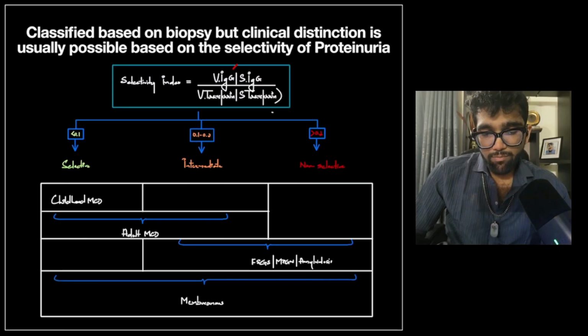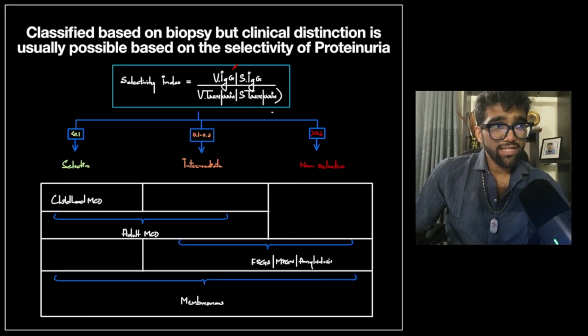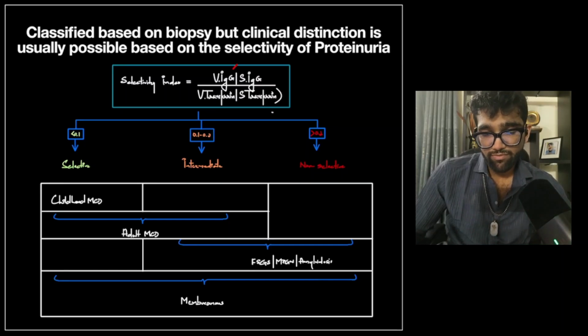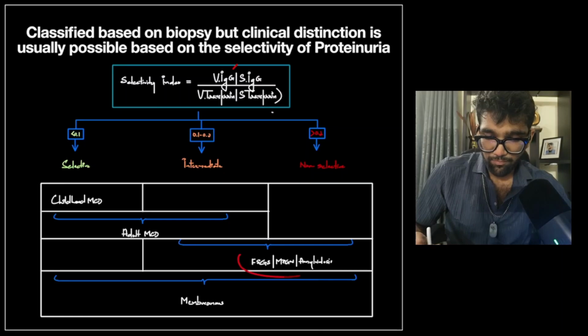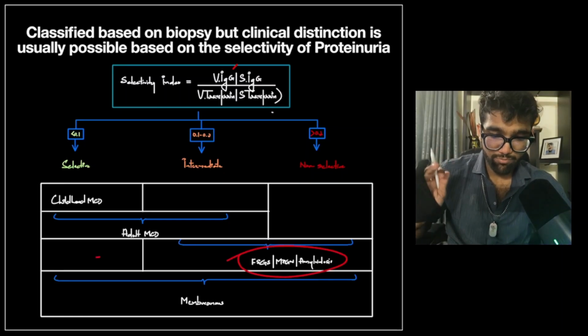Membranous can range from being highly selective to not being that selective. All three are possible. So based on selectivity, we really cannot diagnose membranous, but highly selective proteinuria makes FSGS or membranoproliferative GN very unlikely, as you can see here. It is not going to cause selective proteinuria.